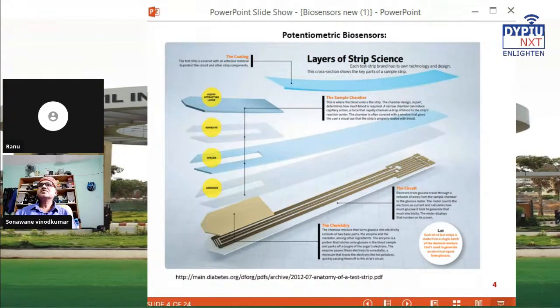Yeah, this one. Here I would like to give the example of the glucose strip as a biosensor, which is the very best example of a potentiometric biosensor. We all know that in a simple circuit, the charges contribute to the current, right? If the circuit is there and the charges are flowing through it, we say it's a current.